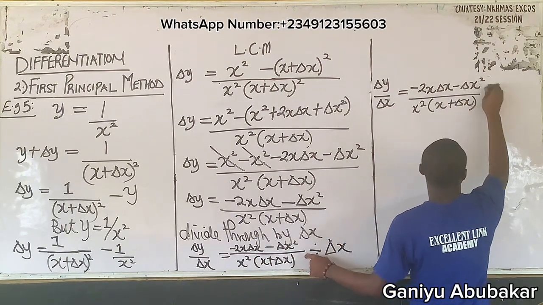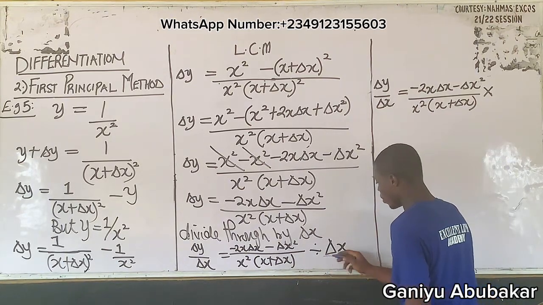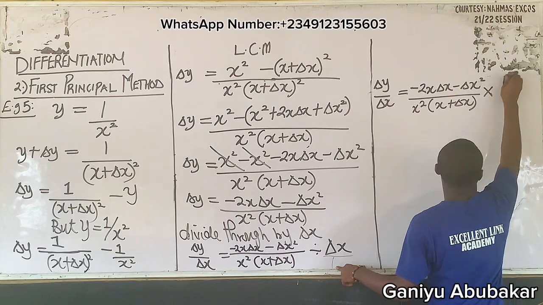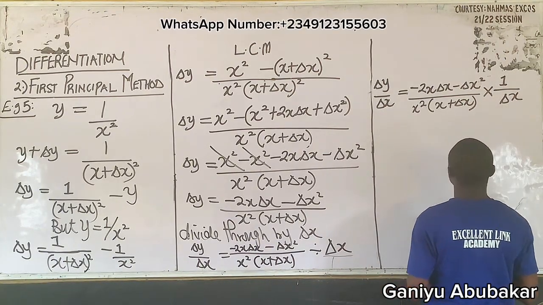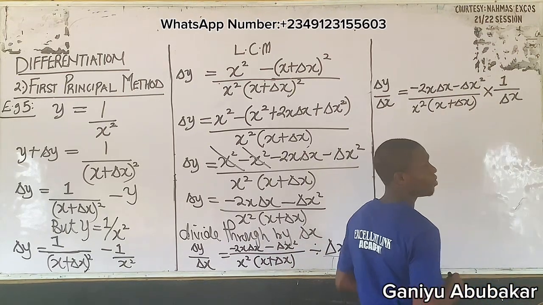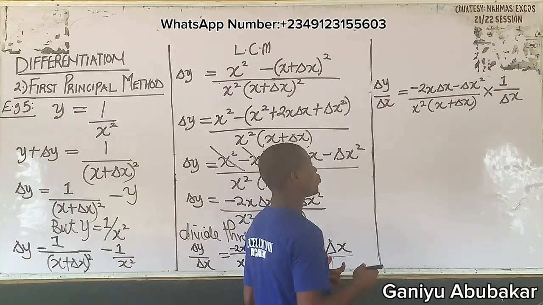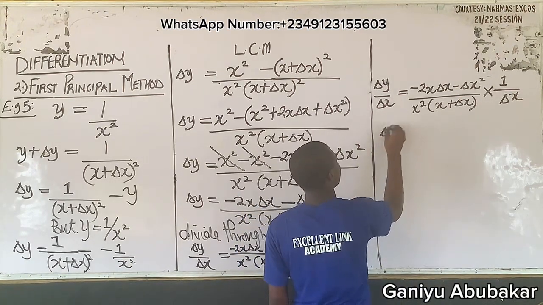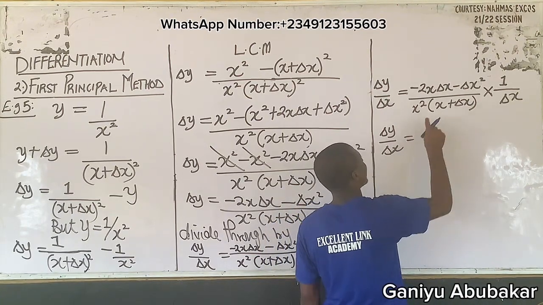This division becomes times, there's an invisible 1 here over 1, so this one comes up first over change in x. But observe in this case, this can't cancel anything here, but I can make it an expression that can cancel.